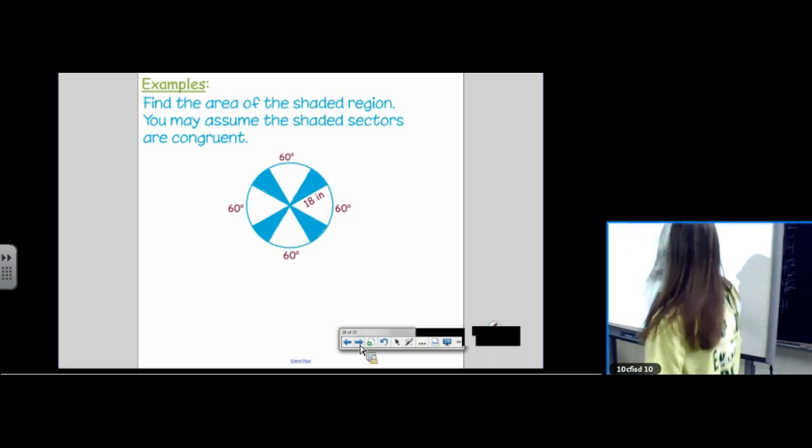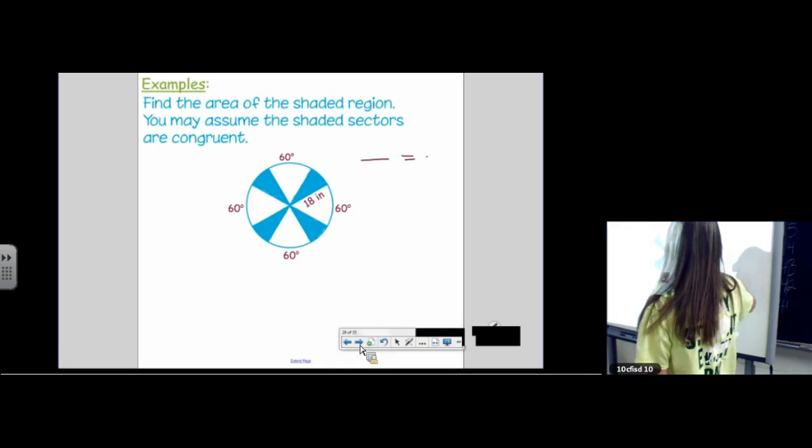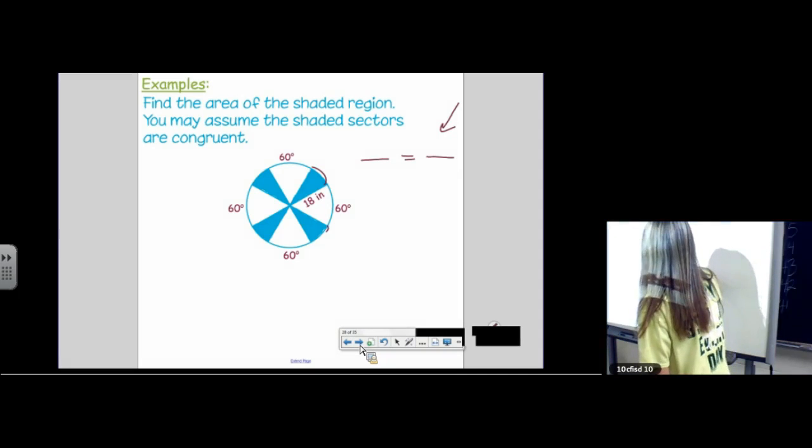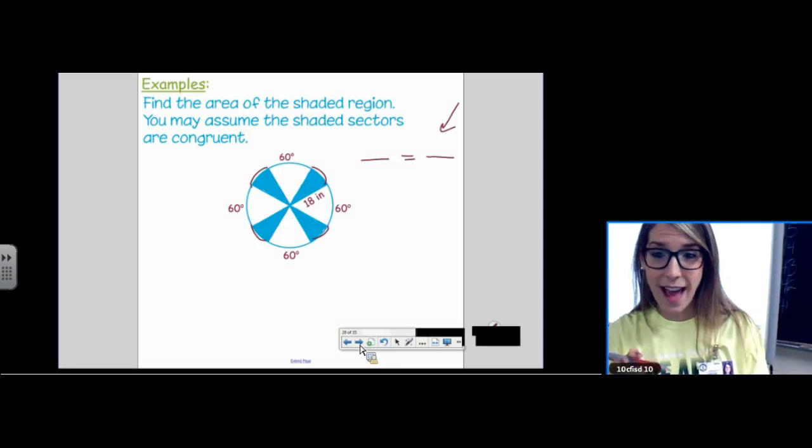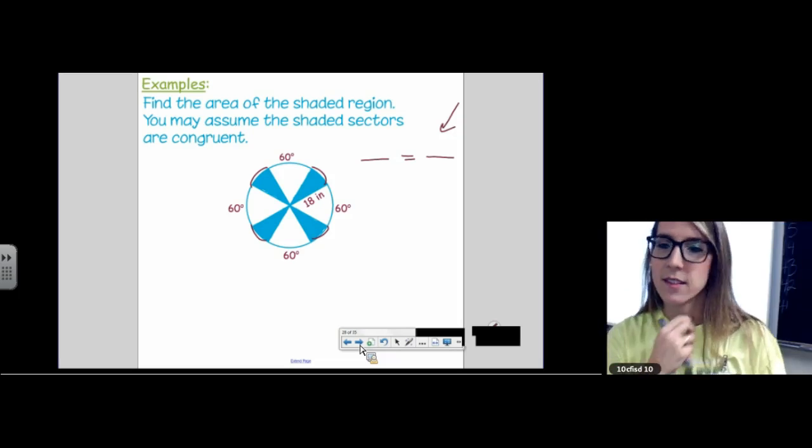Can anyone, because for our proportion, we are going to need M. We are going to need this. So go ahead and calculate that, knowing that there are 360 degrees in a circle. So you found what they all add up, you found the answer. Cool.